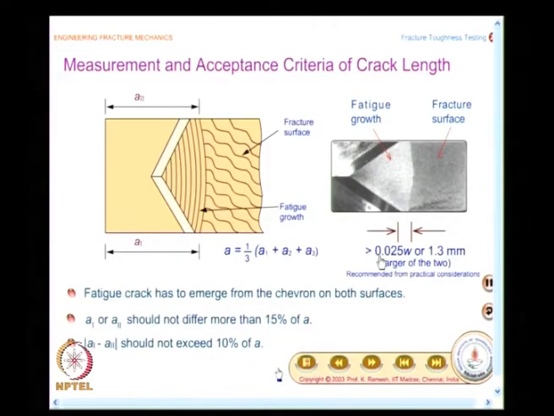It is very difficult to measure the length of the crack as you do the loading. You have to have some non-destructive type of measurement to see that the crack has advanced beyond the chevron notch. So, the code says it should be 0.025 W or 1.3 millimeter, whichever is larger.